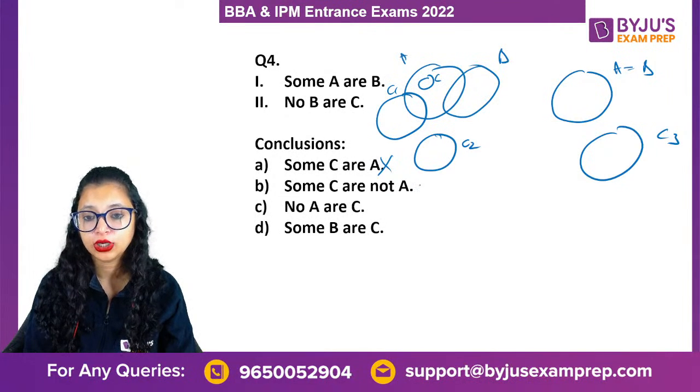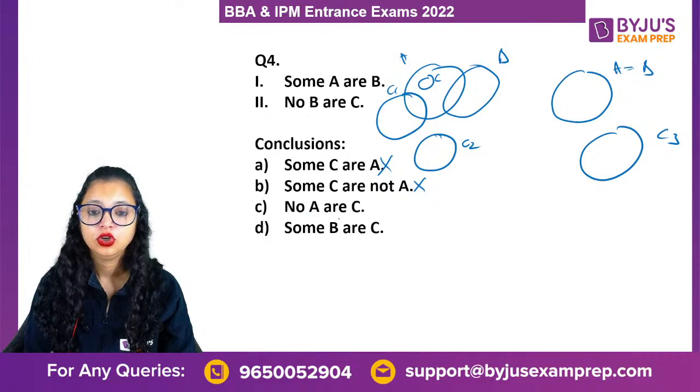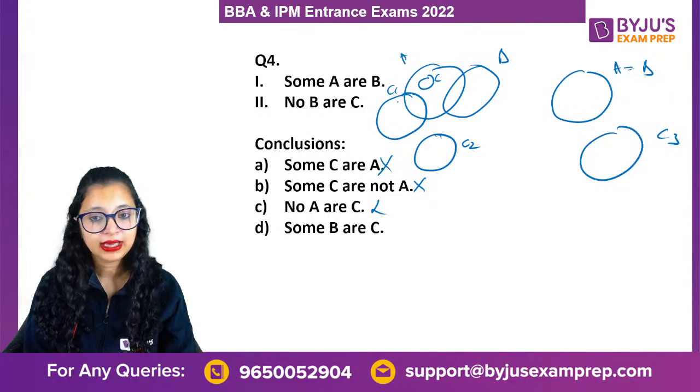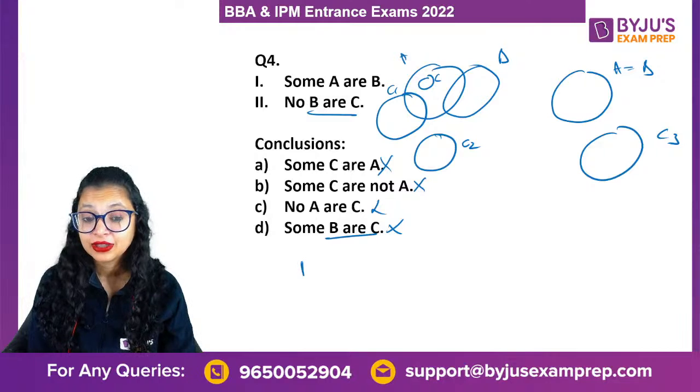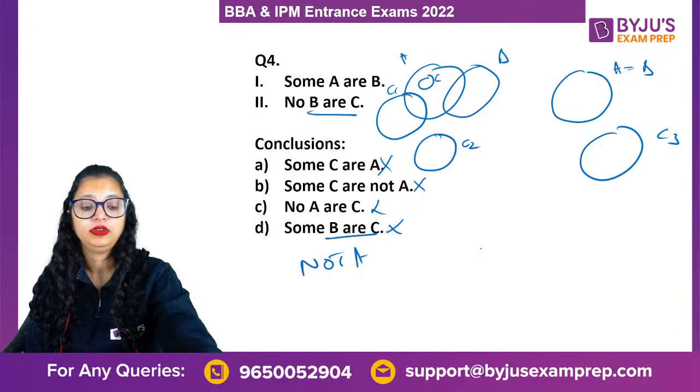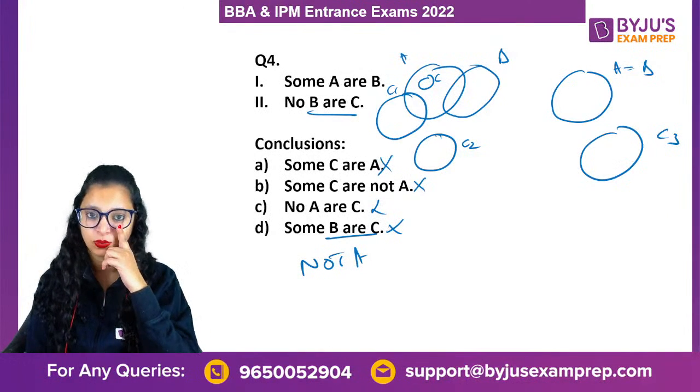So some C are not A also is going to be false. No A or C is absolutely false because A can be combined with C in the first scenario. False. Some B or C. Some B or C is outrightly false because if no B or C, we cannot say some B or C. The correct answer is going to be none of the above in the given situations.